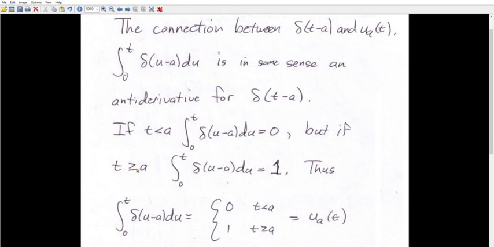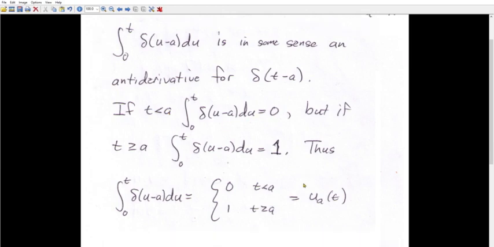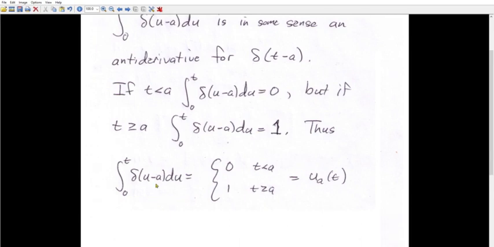If t is bigger than or equal to a, we're getting 1. And that means this integral is the function 0 when t is less than a, 1 when t is greater than or equal to a, and this is u sub a of t. So in some sense, u sub a of t is an antiderivative of delta of t minus a.